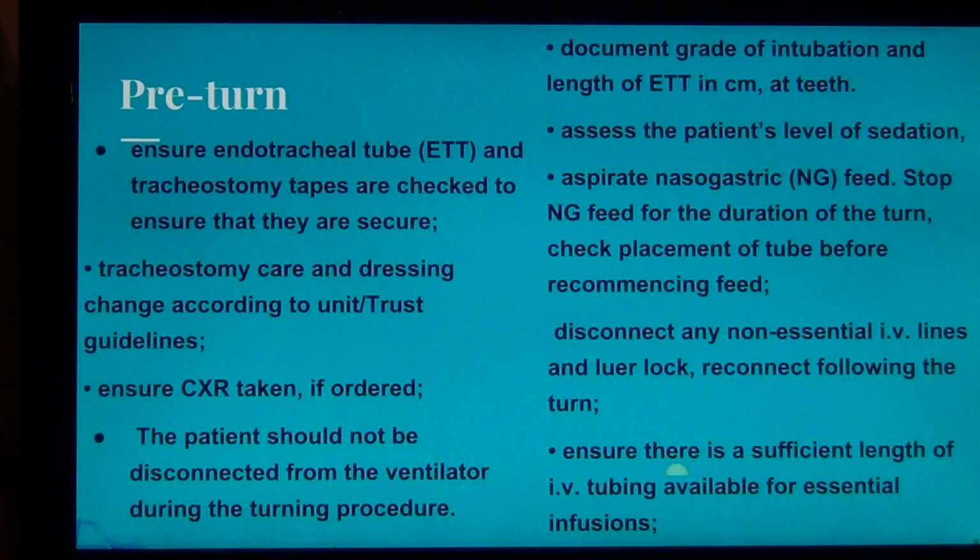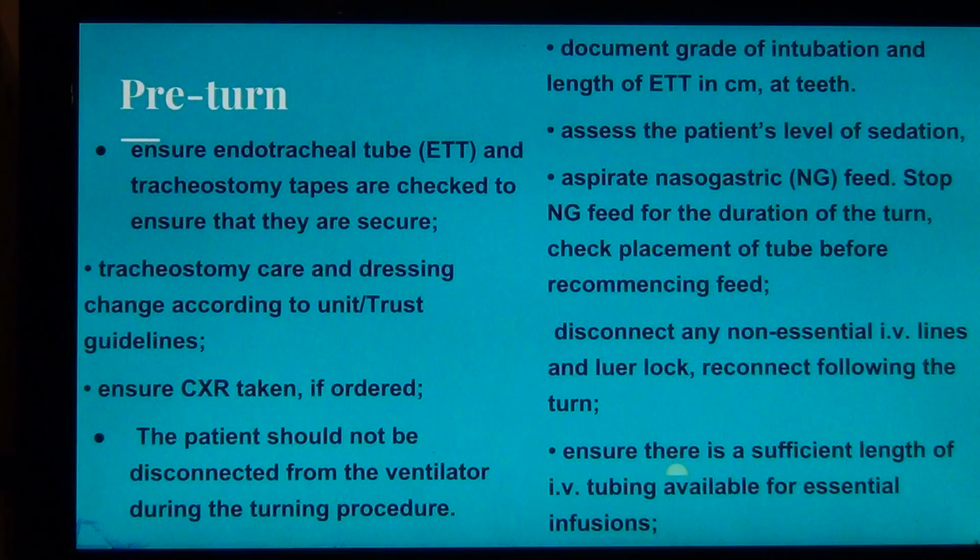Also, this is a big important one. Ensure the ET tube or endotracheal tube and tracheostomy tapes are checked to ensure that they are secure. You have to make sure your airway is secure. That is important. Tracheostomy care, dressing changing according to the guidelines.